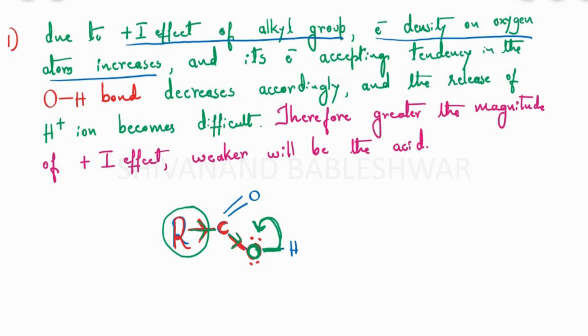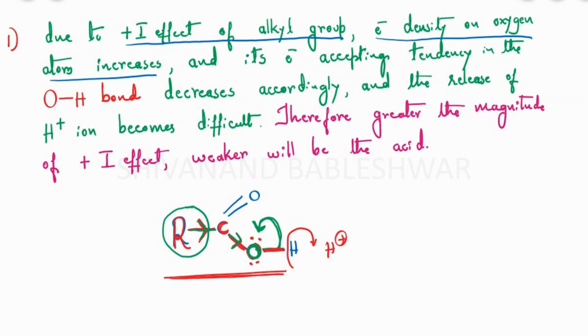It means that this bond remains here only. Which bond? The OH bond remains here only. If the OH bond remains here only, then H is not coming outside in the form of H plus. And if it is not coming in the form of H plus, then this carboxylic acid is a weak acid. That's what I have explained here. Now let us try to understand it.